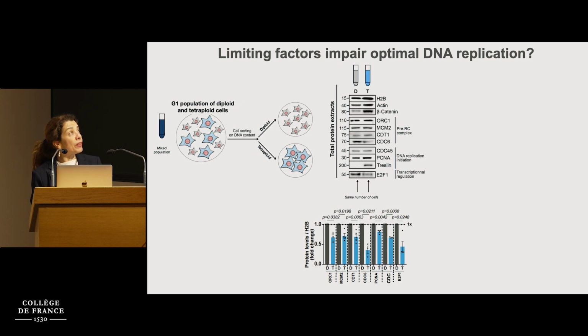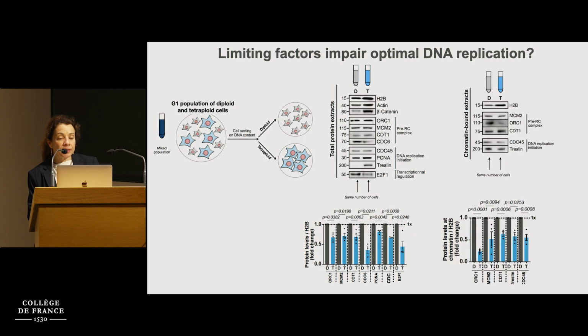And you can see that if we normalize these DNA replication proteins, or E2F1, which is a transcription factor involved in transcribing several cell cycle regulators, by H2B signal, which is a histone marker, you can see there's not a true scaling as expected. And this is also true from nuclear extracts.